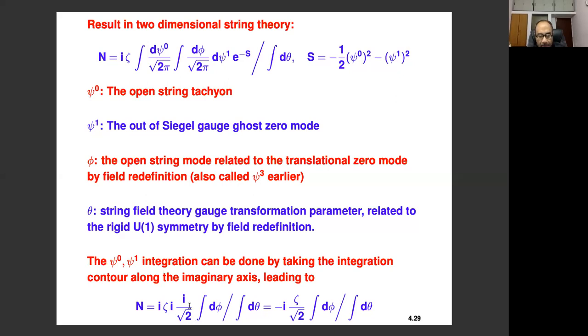Furthermore, you have 1 over root 2, because with this normalization the psi 0 integral gives you 1, but the psi 1 integral gives you 1 over root 2. Then you are left with the integration over the collective mode and the integration over the gauge parameter. So this is what we get at present. Is it clear? Any question?